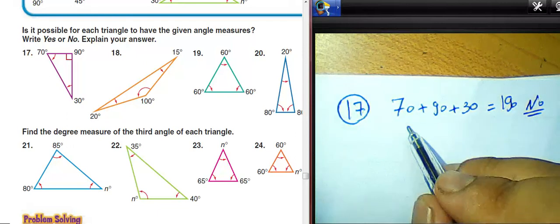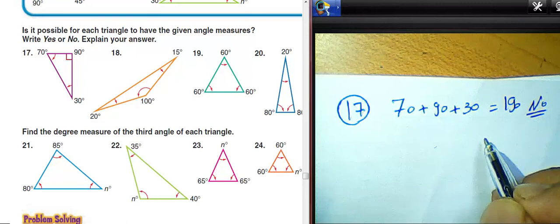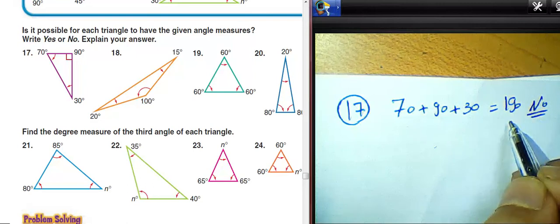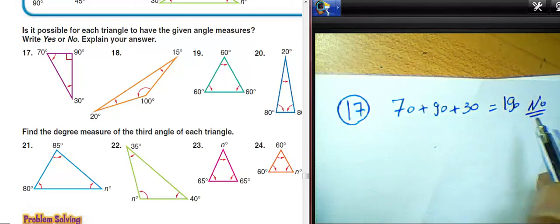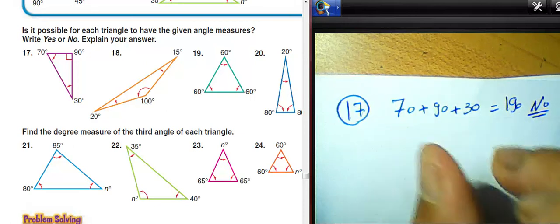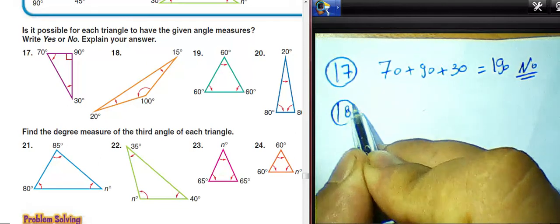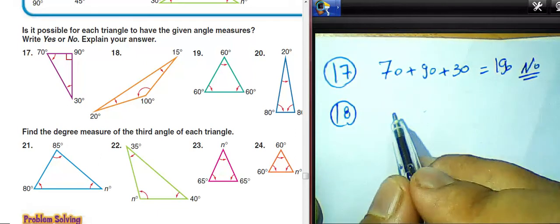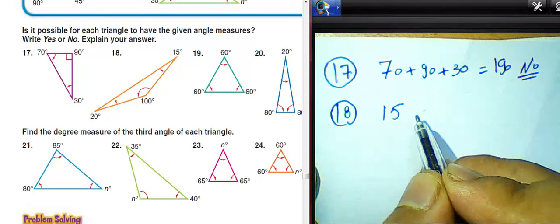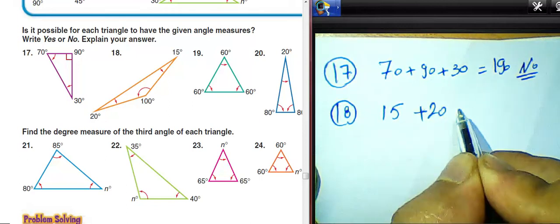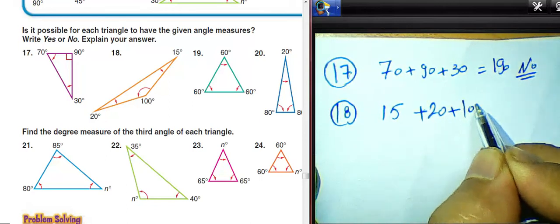Because 70 plus 90 plus 30 equals 190. The result must be 180. So it is impossible to draw a triangle with all these angles. And what about question 18? Question 18, we have 15 and 20 and 100.